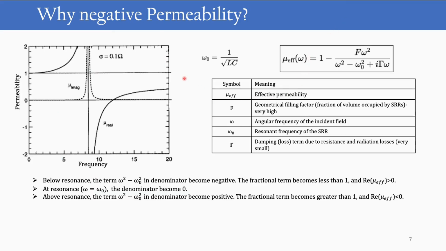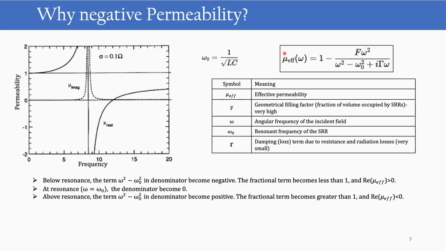So let's see how this structure is providing the negative permeability in terms of the resonance frequency. This graph shows the permeability variation with respect to the frequency, and this one is the resonant frequency. The effective permeability of the split ring resonator is given as 1 minus F omega square by omega square minus omega 0 square plus i gamma omega.